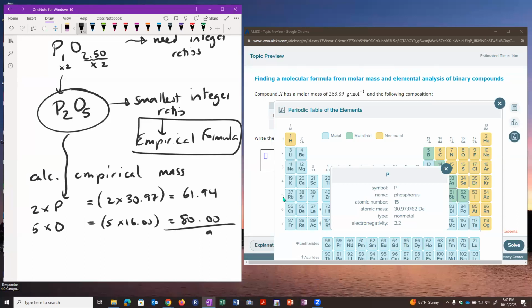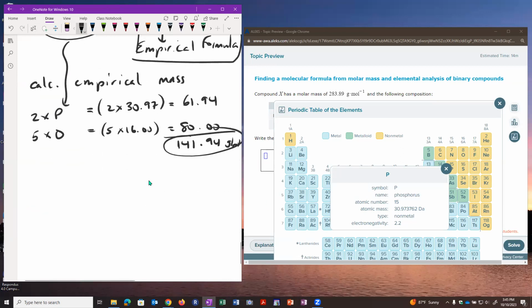So I add these together and I get 141.94. And this is grams per mole, and this is the empirical mass of this compound. The empirical just means the smallest whole number ratio.